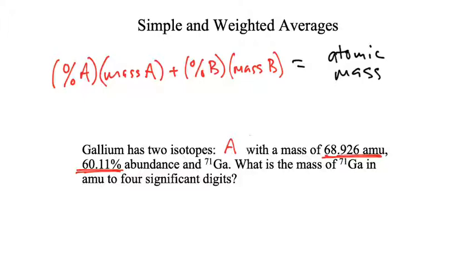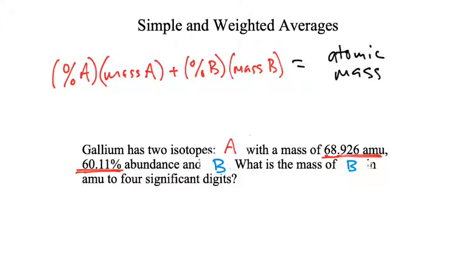Gallium-71, there's a number again. A number is a name. I don't want that number as a name, so I'm going to call that B. Now we can take that information and fold it into my equation above.